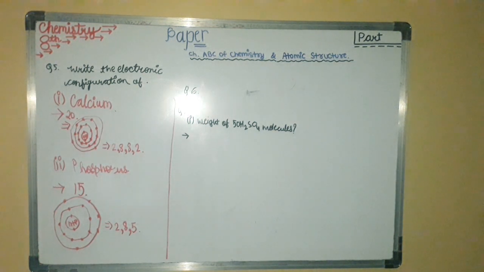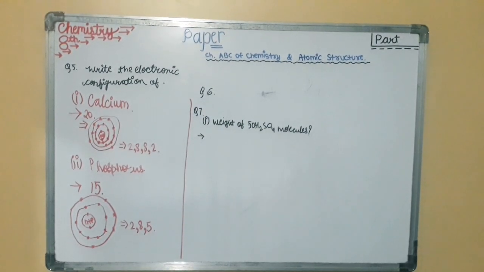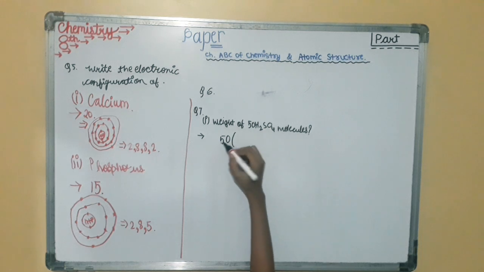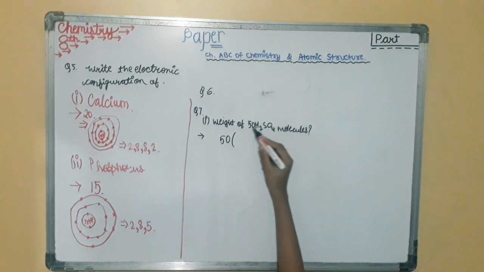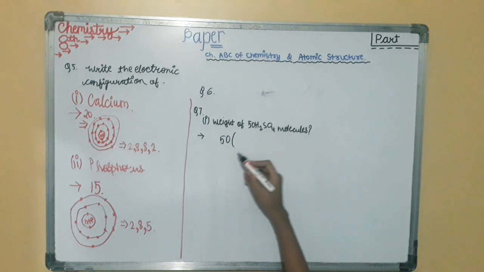50 into H2SO4. 50 is multiplied with H2 also, SO4 also.